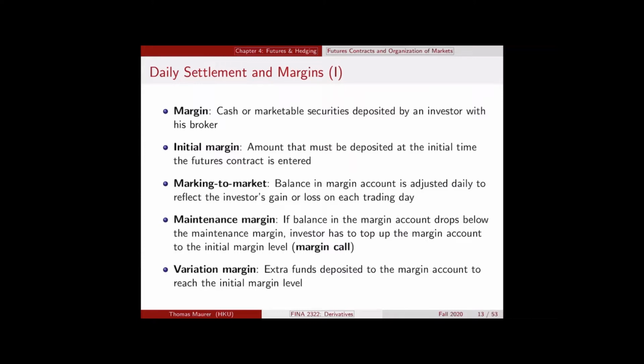As soon as your cash amount in the margin account drops below that maintenance margin, the exchange is going to ask you to deposit more money in your account, and that's what we call a margin call. The variation margin is the amount which you have to deposit once your deposited amount drops below the maintenance margin, such that you are again in good standing and the exchange is not closing your position.